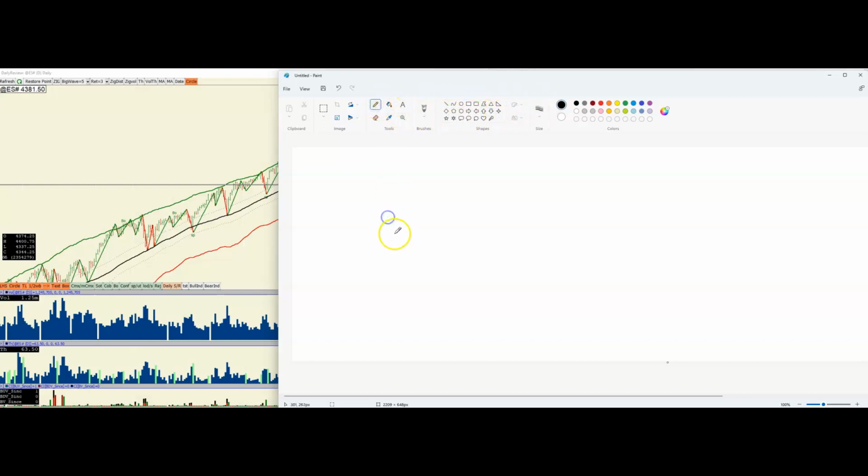dots, which represent data points. There's a dot, there's a dot, there's a dot. When you have a bunch of data points, in basic math or stats, to look for trend, all you do is draw a regression line like that.